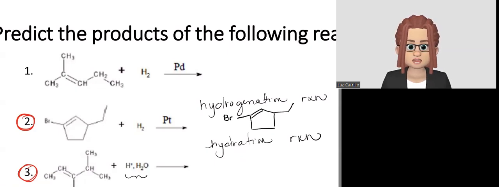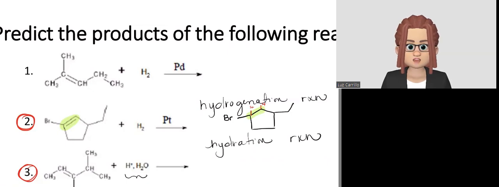To predict the product, I'm going to erase the double bond, and each of the carbons that used to be double bonded is going to receive a hydrogen. If I use my highlighter tool, these are the carbons in the double bond. I erase the double bond, and each carbon receives hydrogen.